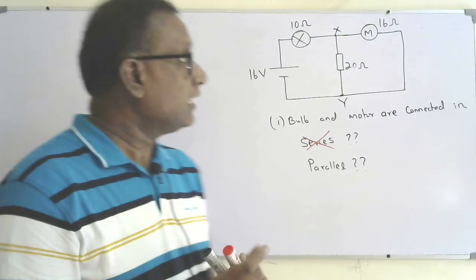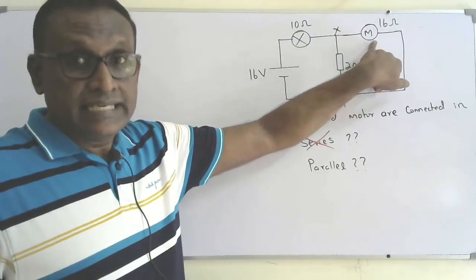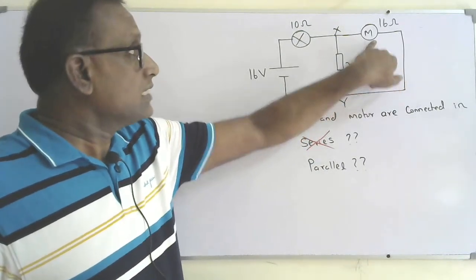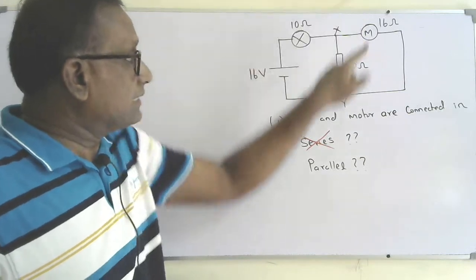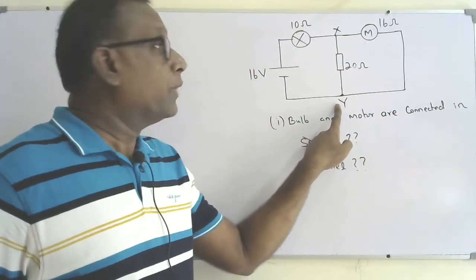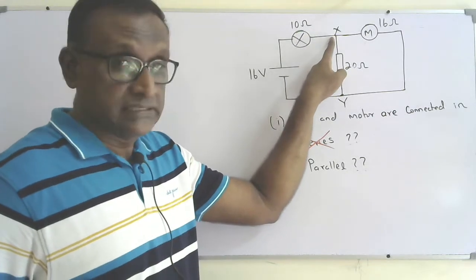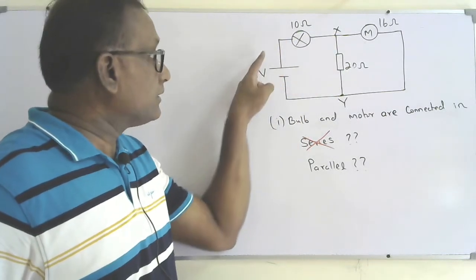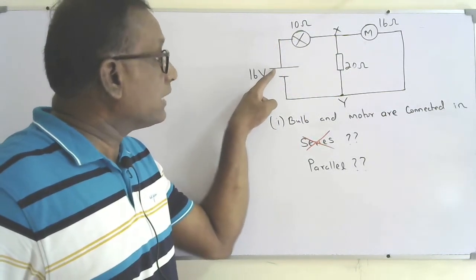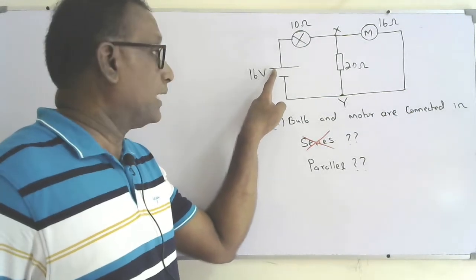So the motor is directly connected across junction X and junction Y, but for the bulb only one terminal is connected to the junction, not the other. The other terminal is connected to the power supply.